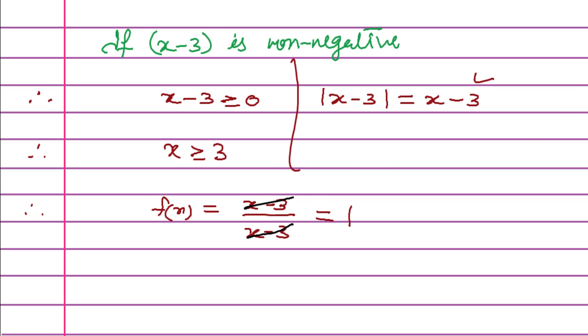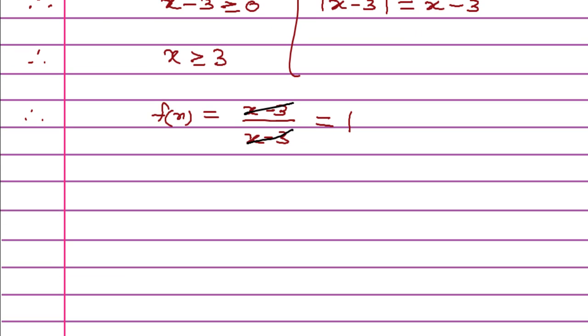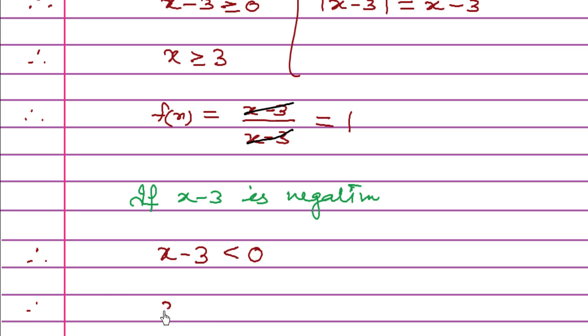Now if x minus 3 is negative, then x minus 3 is smaller than 0 and therefore x is smaller than 3.